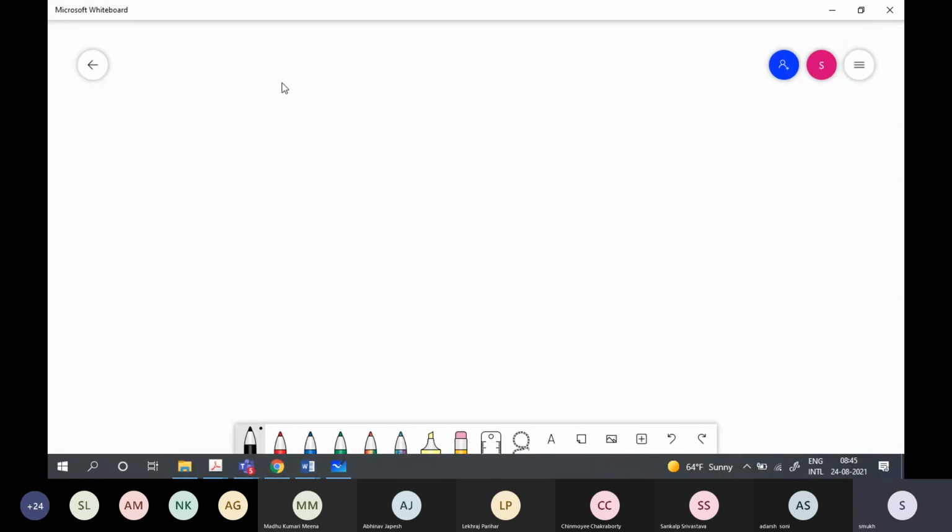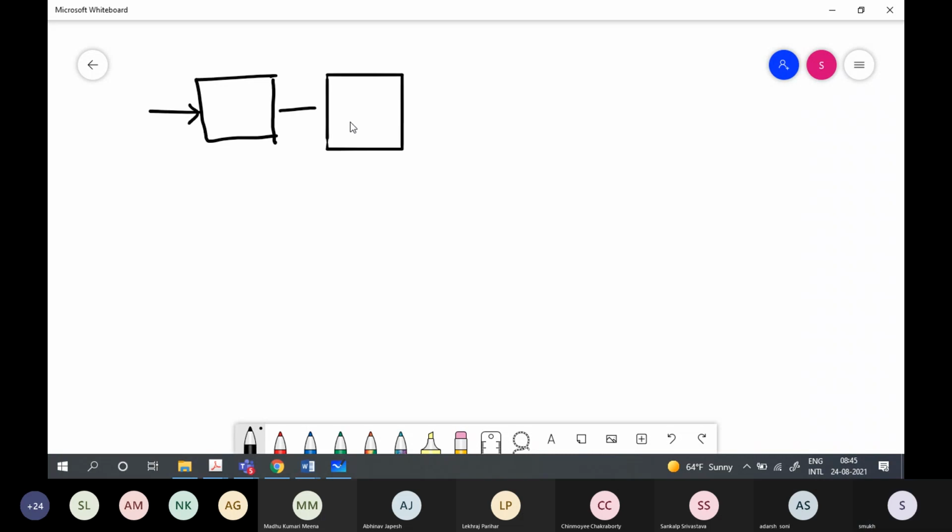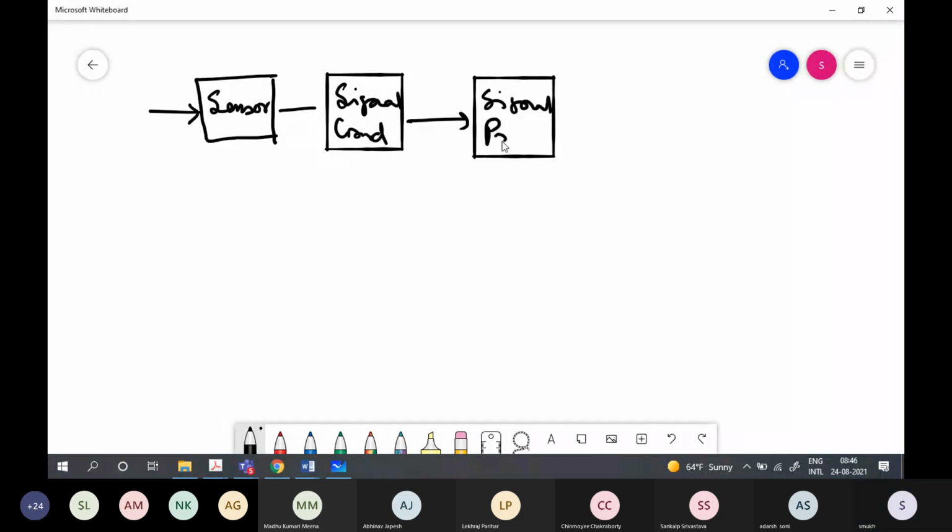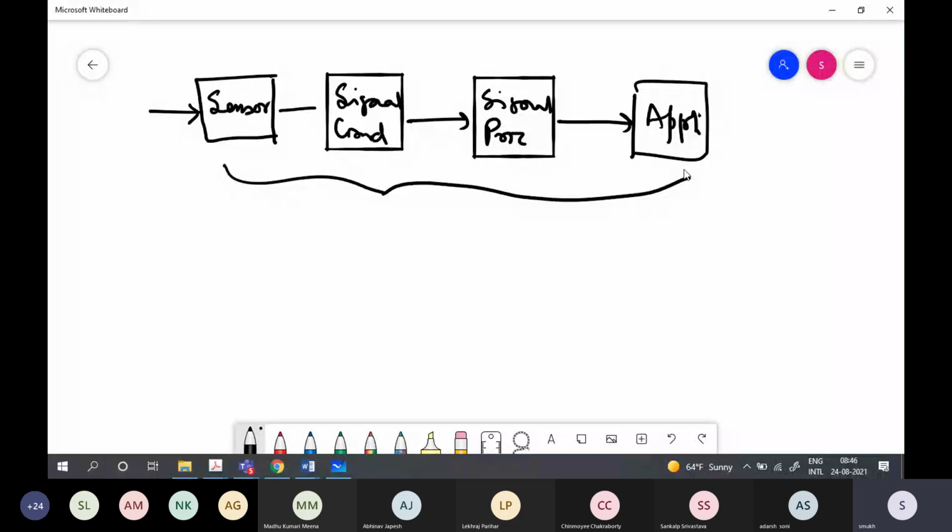So remember the block diagram of the instrument. First there is the sensor, then a signal conditioner, then a signal processor, then an application module. This is a typical block diagram of an instrument.